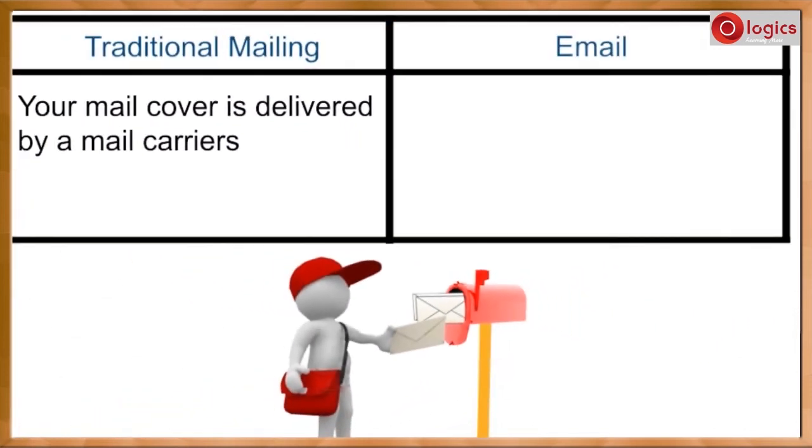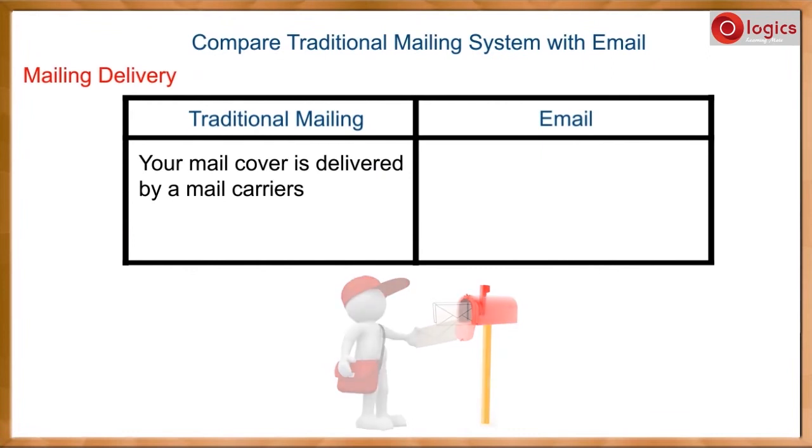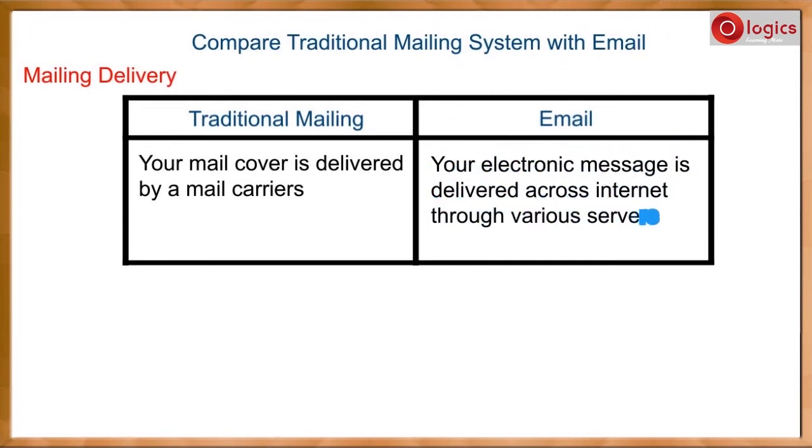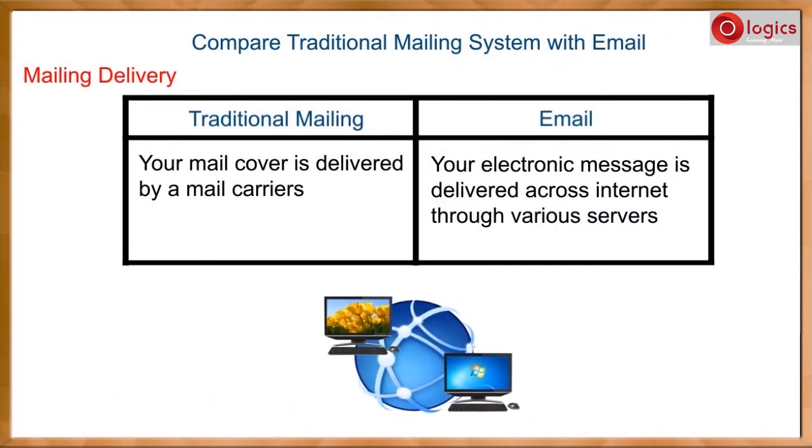This is the post box, and you drop a letter inside it. Once a day, these letters are collected and sent through mail carriers from one place to another. Your electronic message is delivered across the internet.